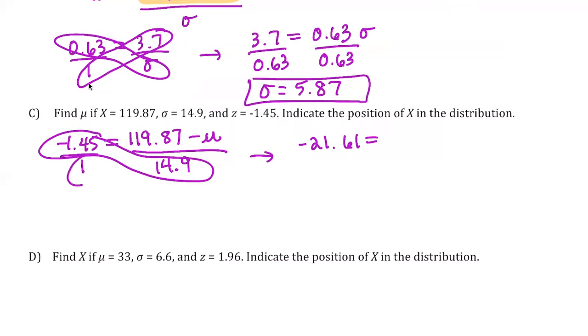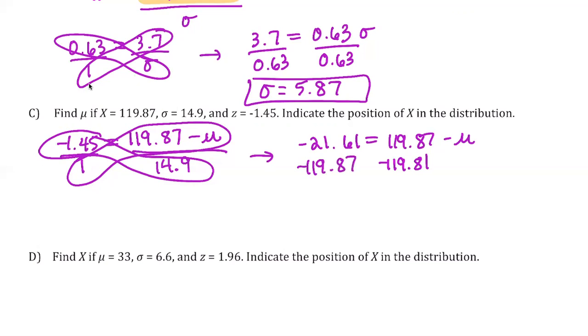Multiplying the other side, if I take 1 times the entire numerator here, we're just left with 119.87 minus our mean. Now, when we solve, hopefully you're thinking to yourself, I need to get my mean alone on one side. So we're going to subtract 119.87 over to the left hand side.